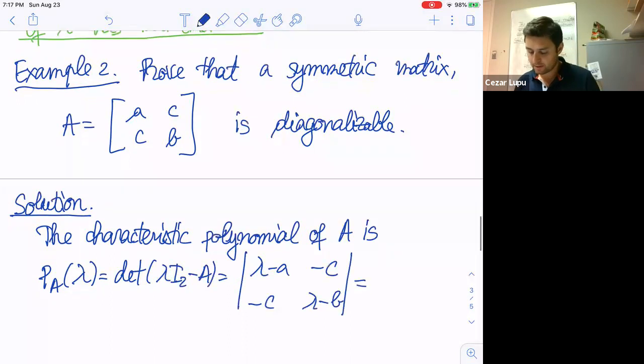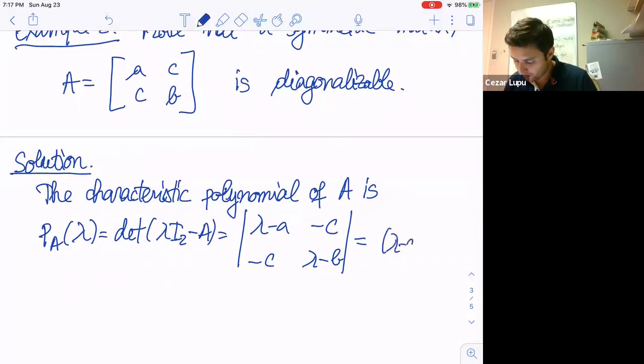And the determinant of this will be lambda minus a times lambda minus b minus c squared.